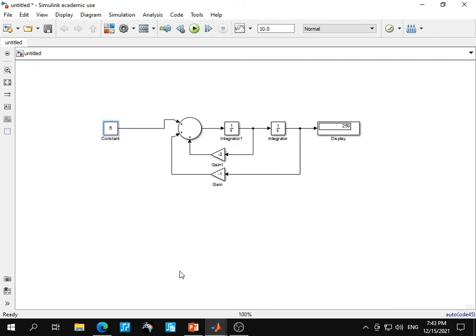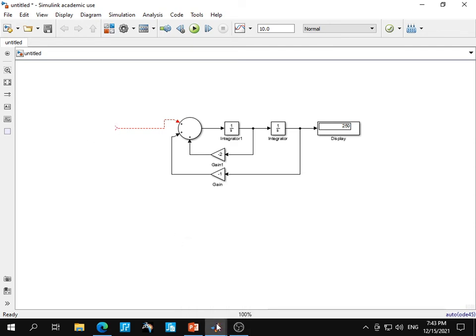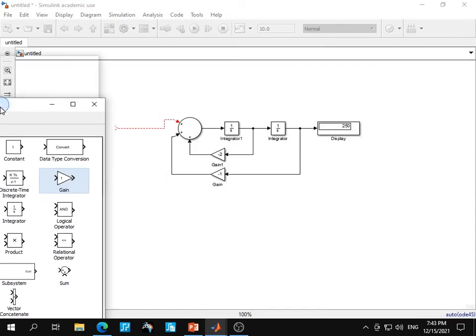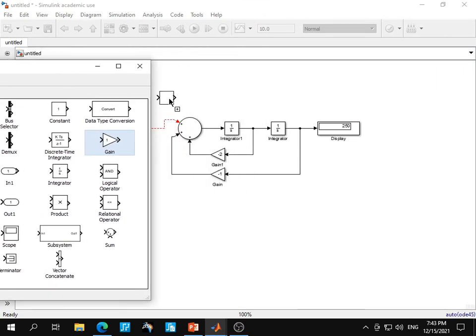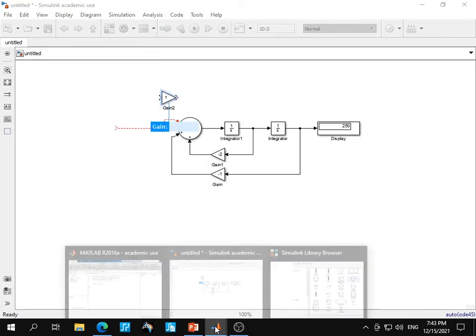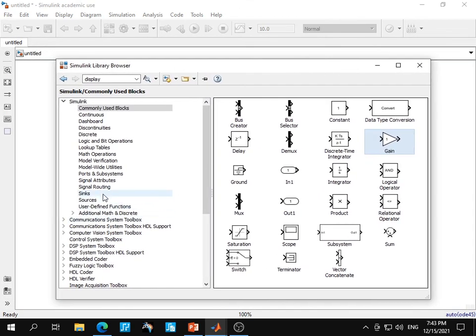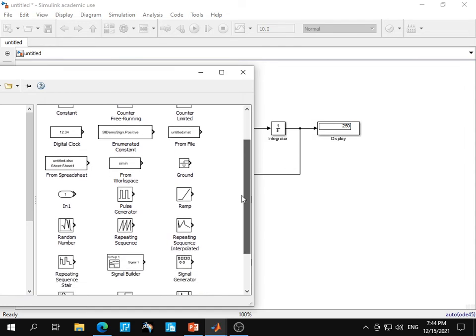Oh, because it's a dynamic problem, so we actually can't use it as a constant. Almost forgot that. We need to use a gain and a step.